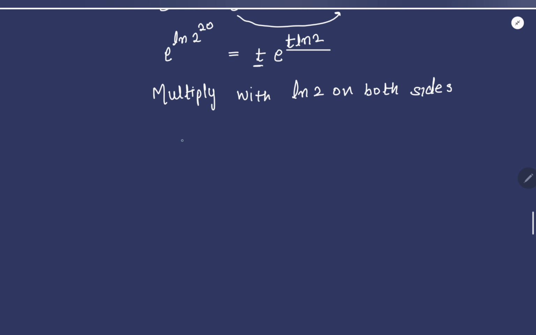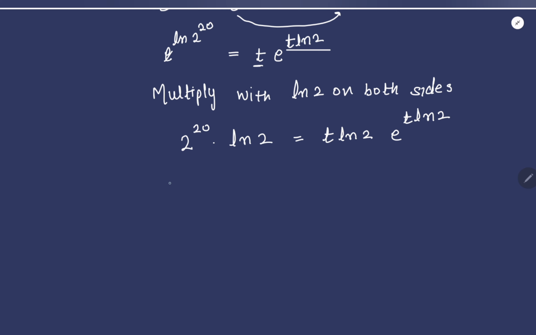Left hand side is what? 2 raised to power 20, right, times ln 2. Why? Because this e and log cancelled out. So it's 2 raised to power 20 ln 2 is equal to t ln 2 e raised to power t ln 2. Now we can see that this function and this are both the same.